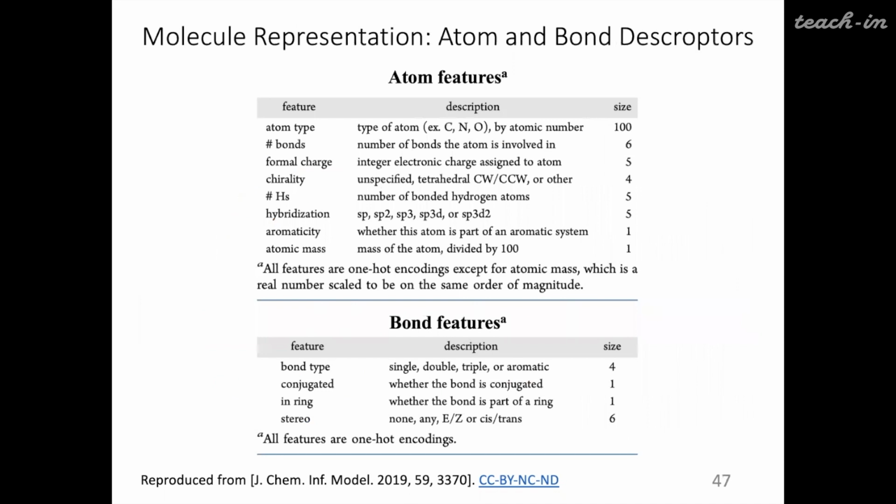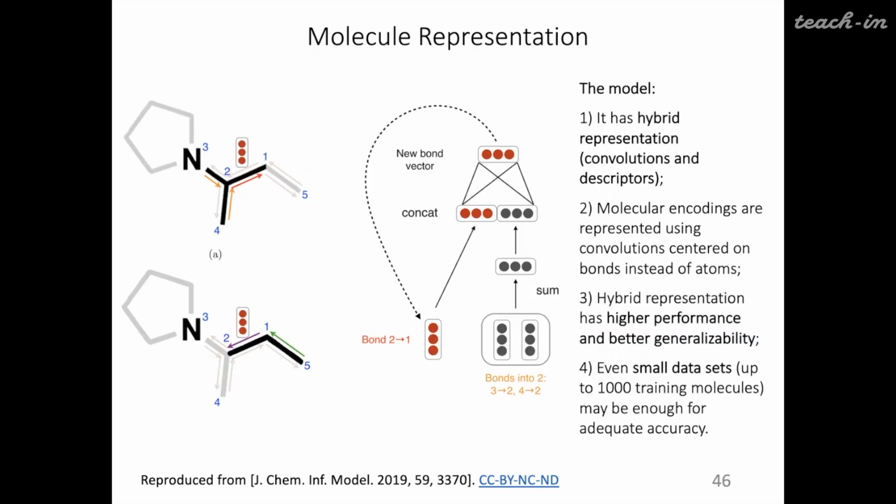They used a number of features to encode molecular structure. So in such a way, they got a model for which even small data sets were enough for adequate accuracy of prediction.